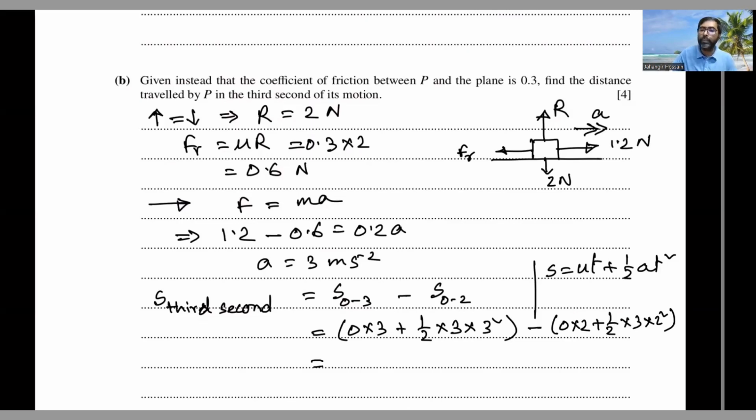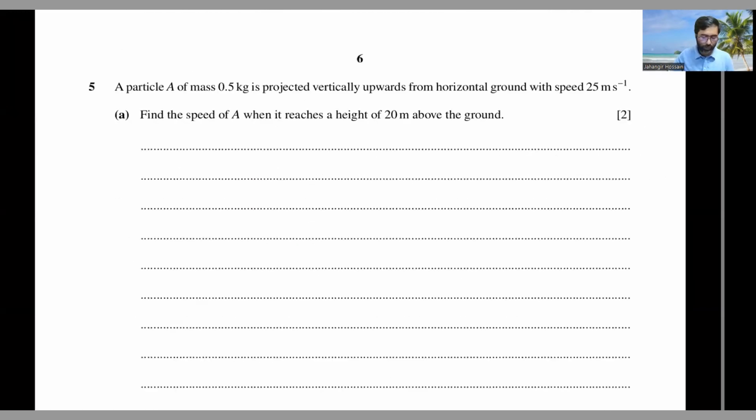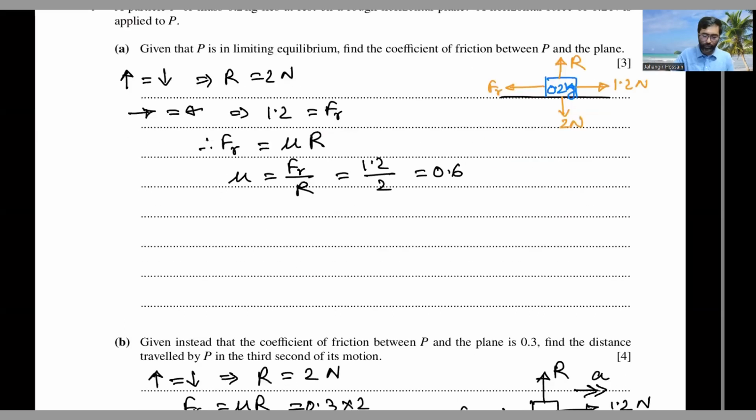That is equal to 7.5 meter. That's the distance it travels in the third second of its motion. Okay, that's part B. I think there is no more part in this question. Yes. So that's the end of question 4.